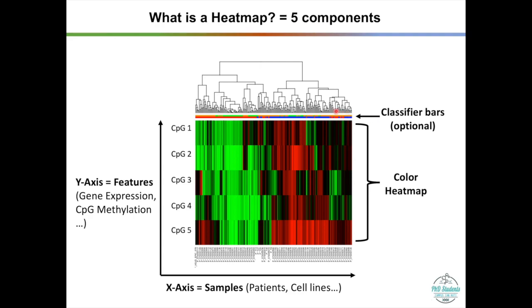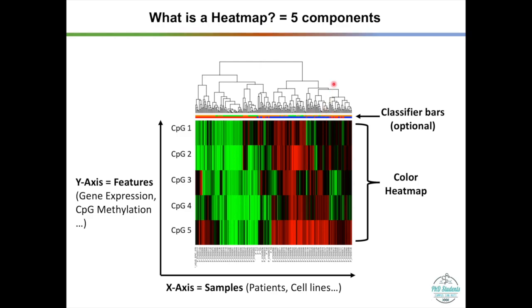For example, this bar here, orange and green, will tell us which patients are male in green and which patients are female in orange. But this other bar here, red and blue, will tell us if the type of cancer comes from the blood or from the bone marrow in blue.